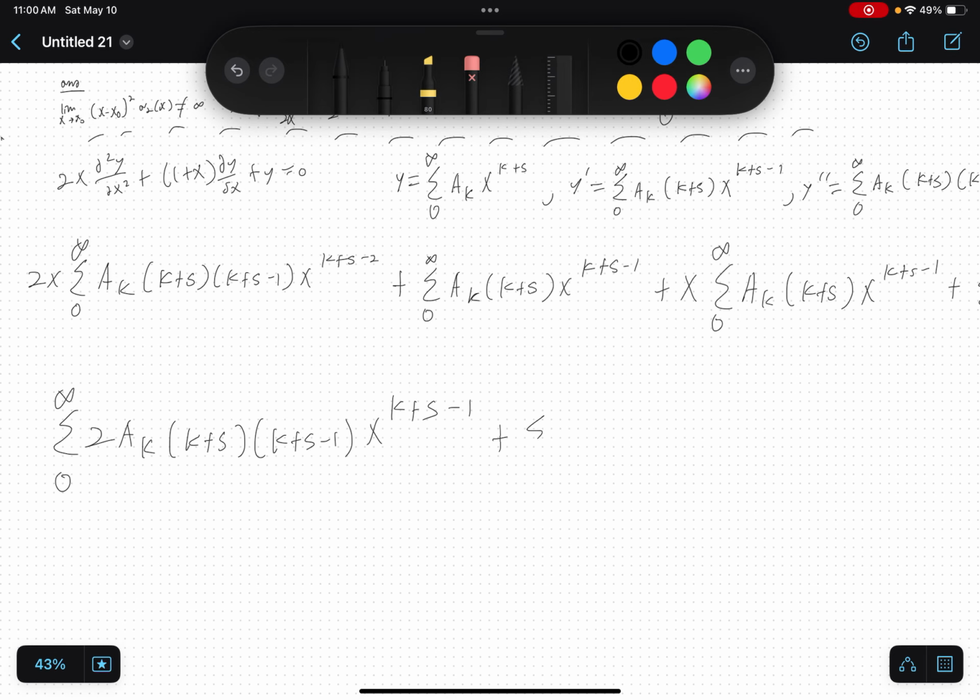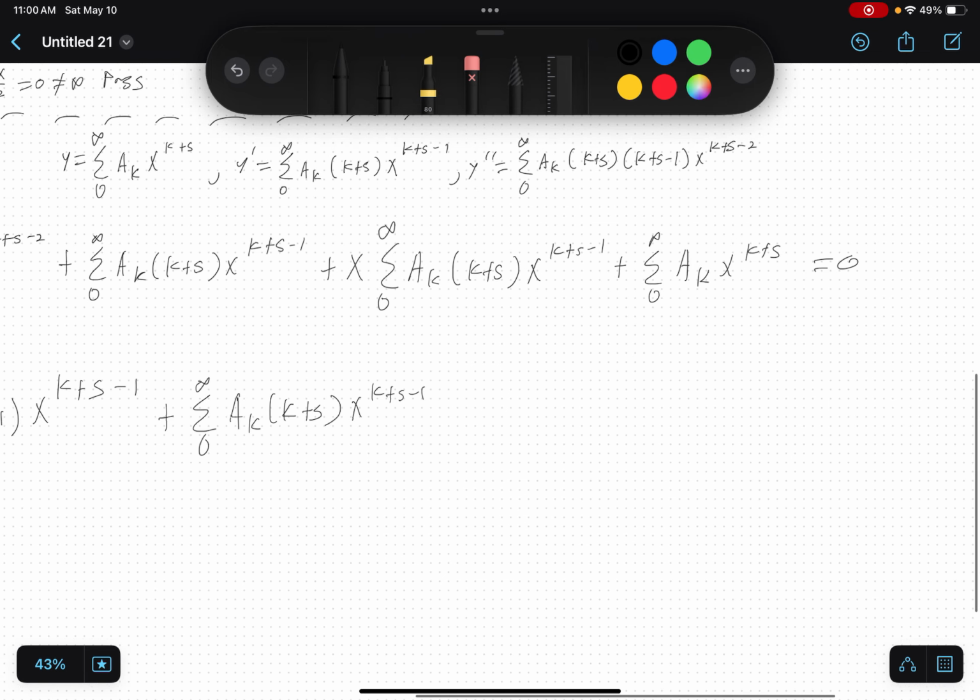Plus, the second term stays the same. Third term, we multiply in this x, so it should go to just k plus s.